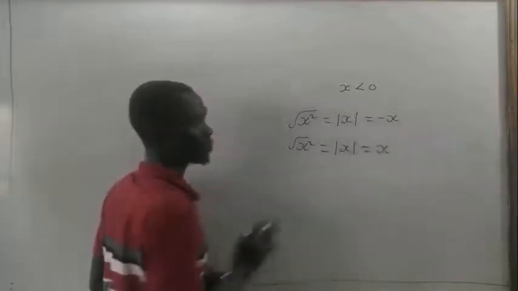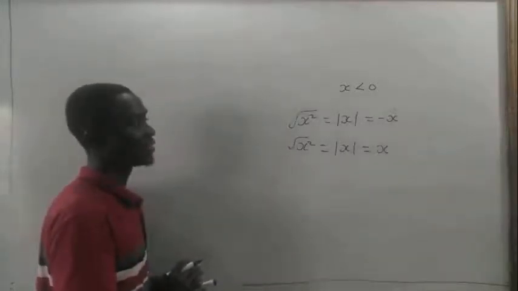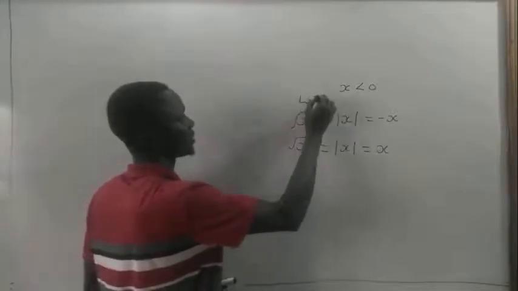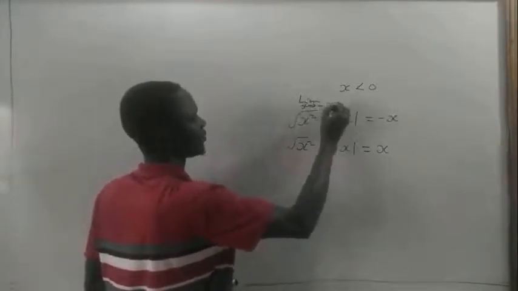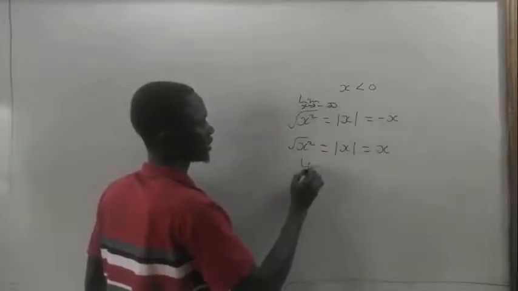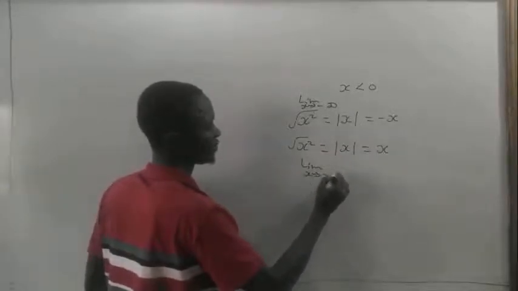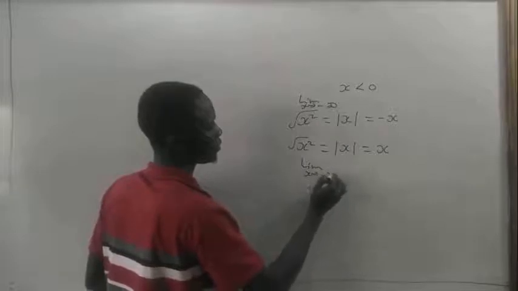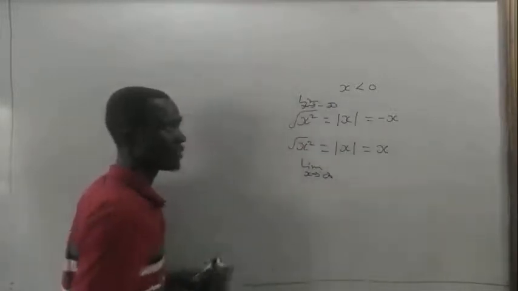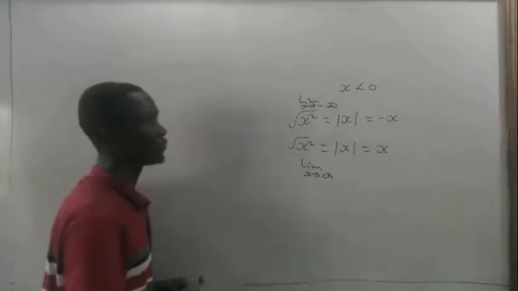That is for x approaching positive infinity. This one is if we take the limit as x approaches negative infinity. So keep note of that. And this one is if we take the limit as x approaches positive infinity. This is negative infinity, this is positive infinity. Very, very simple as that. Now let's move on.